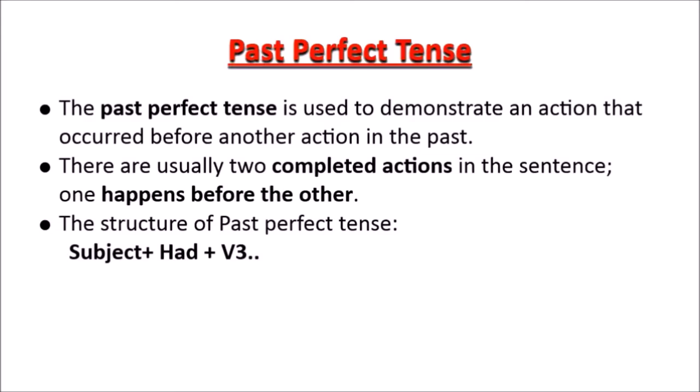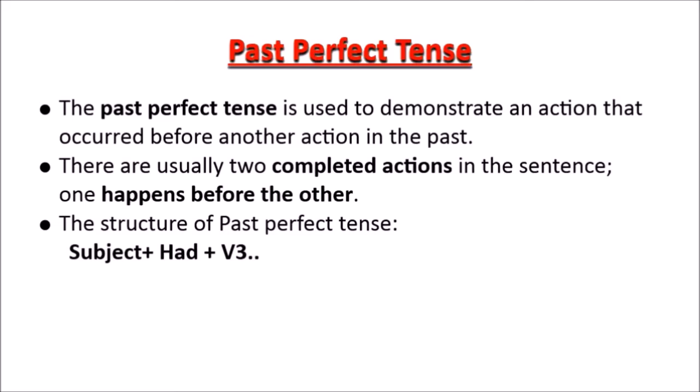So basically there will be two actions happened already in the past. There are usually two completed actions in the sentence. One happens before the other.